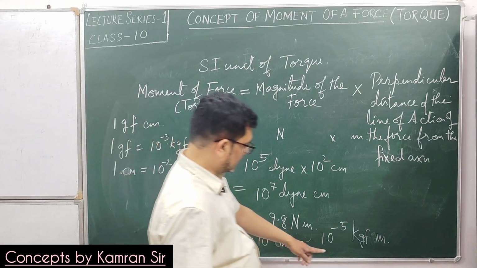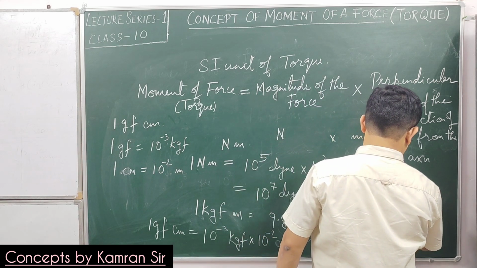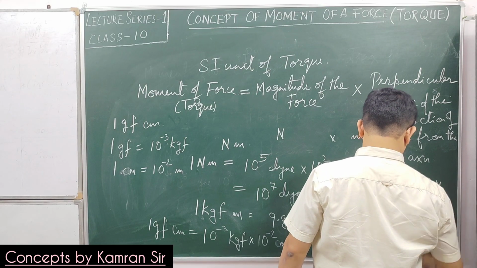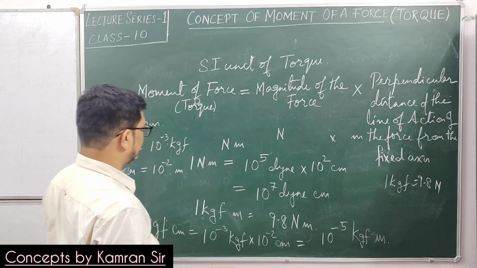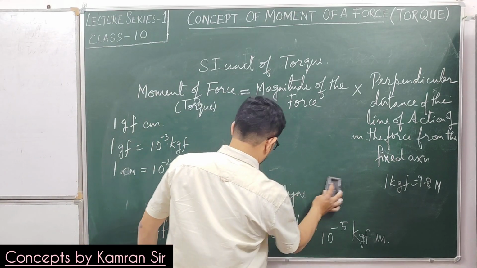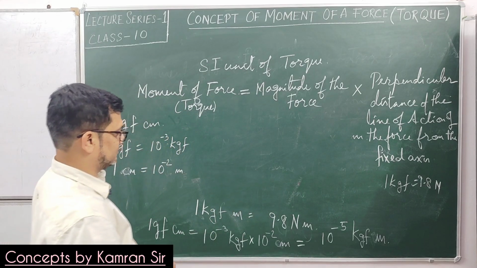Now if you want to convert this, we know 1 kgf is equal to 9.8 Newton, right? So you need to multiply with 9.8. Let us figure out what comes out to be in terms of 1 gram force centimeter.